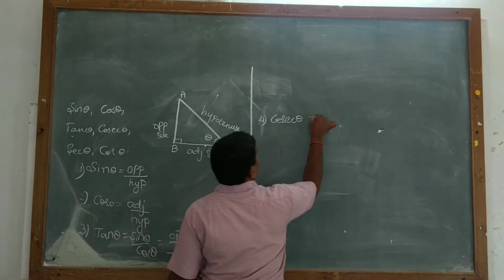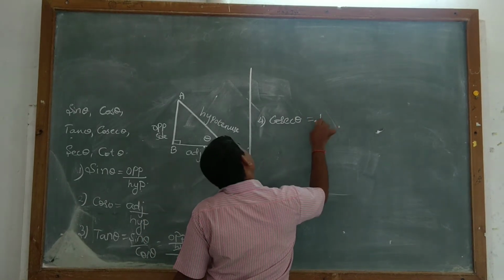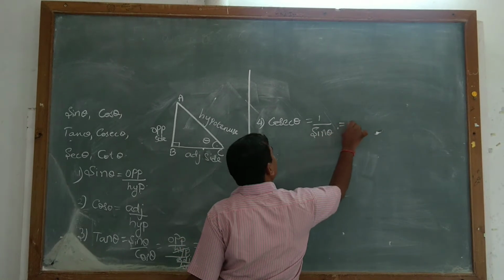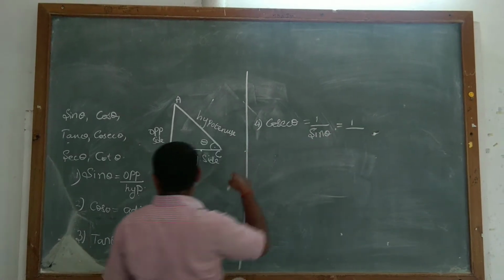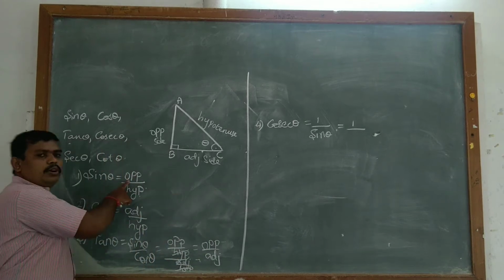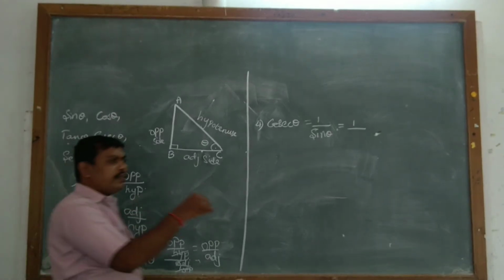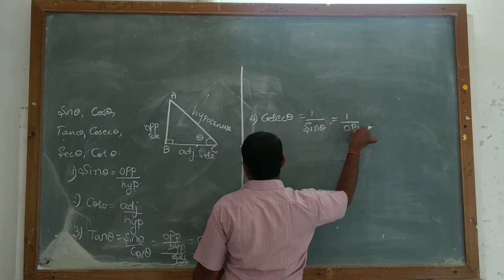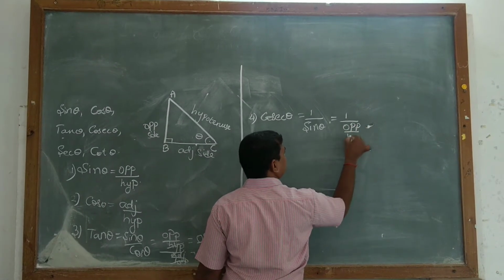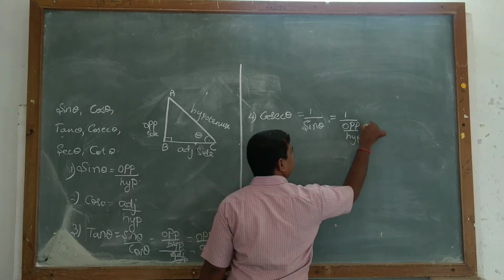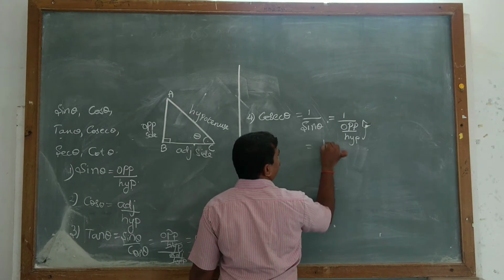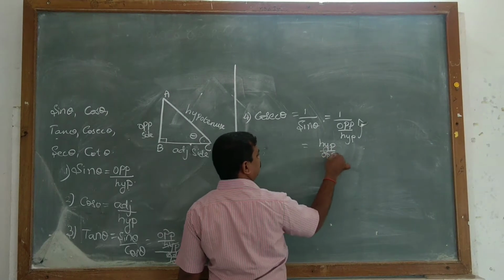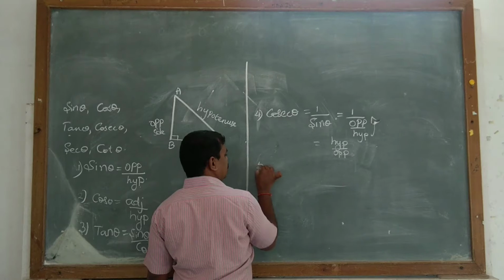You can write this as 1 by sin theta. That is nothing but 1 by, what is sin theta answer according to this one? Opposite by hypotenuse. We will replace here. 1 by that is opposite by hypotenuse. Shuffle this to the numerator, you will be getting what? Hypotenuse by opposite side.